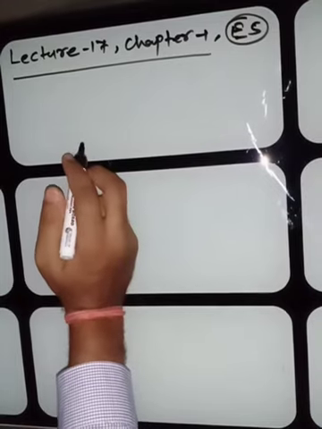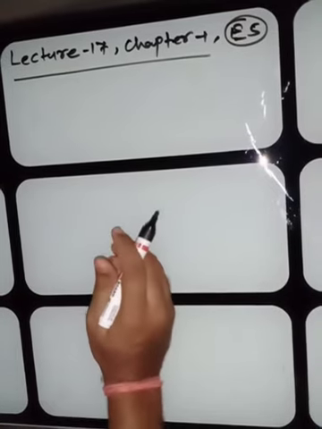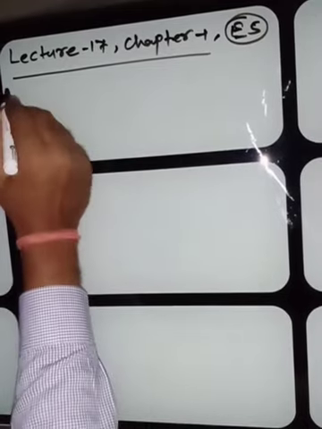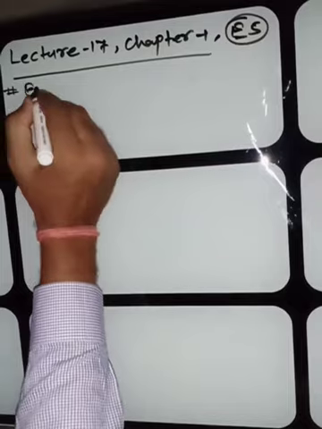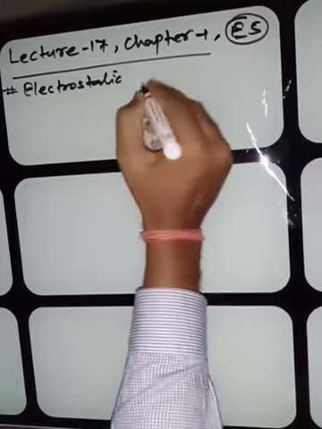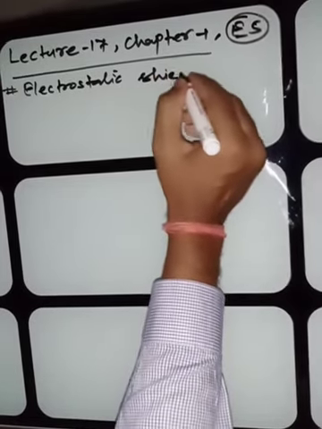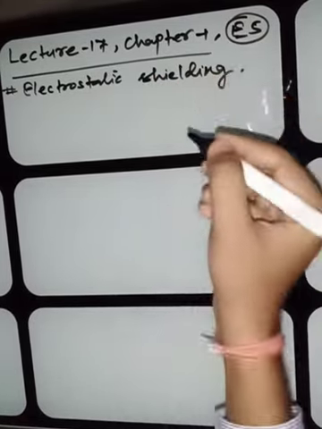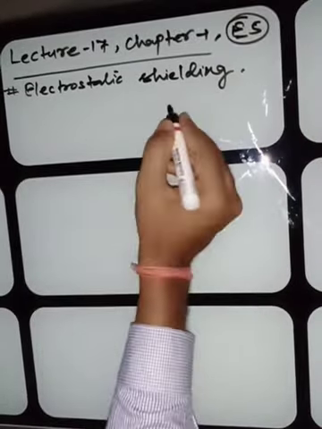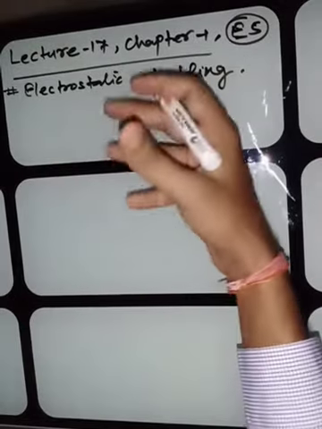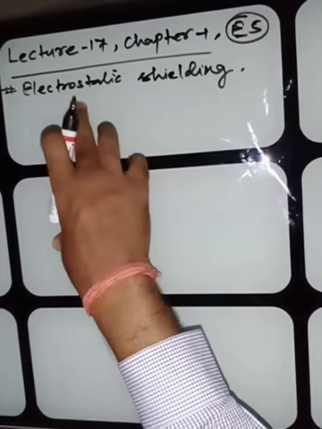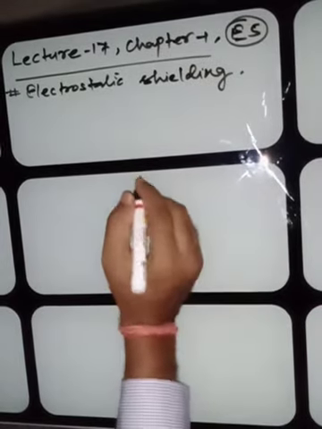The topic we are studying is electrostatic shielding. Electrostatic shielding means you are protecting something from the electrostatic field or the electric field.